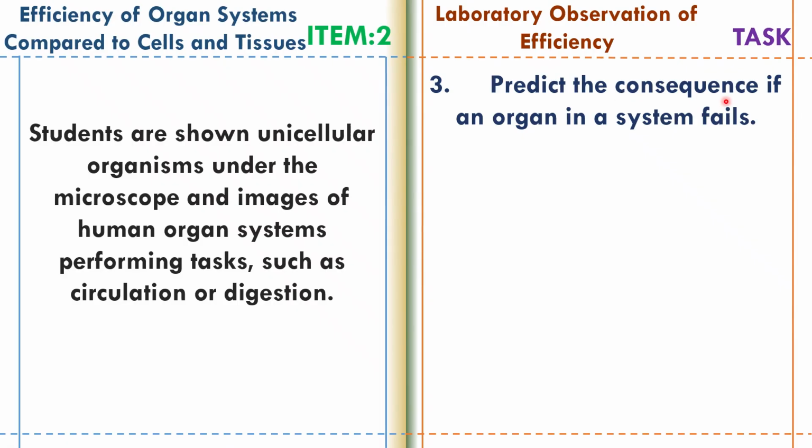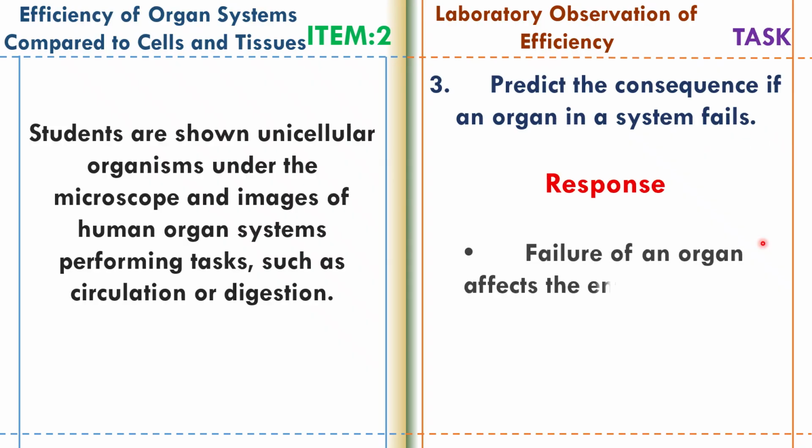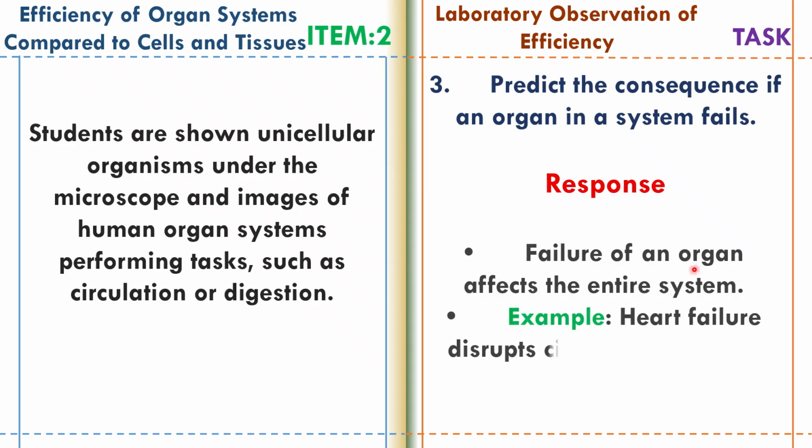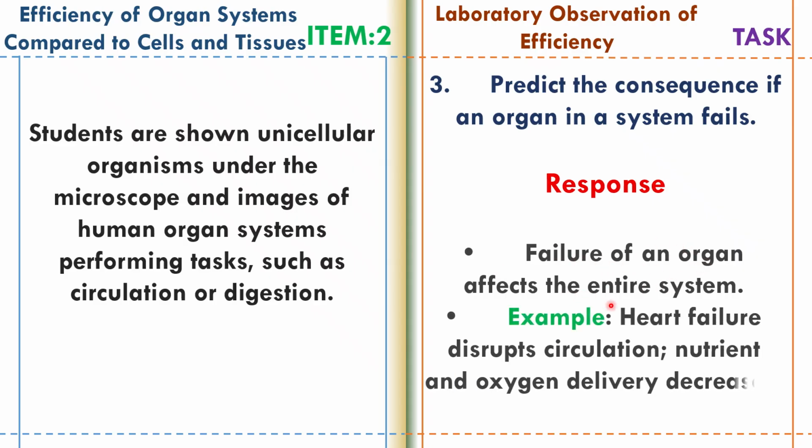Predict the consequence if an organ in a system fails. Failure of an organ affects the entire system. For example, heart failure disrupts circulation, and nutrient and oxygen delivery decreases.